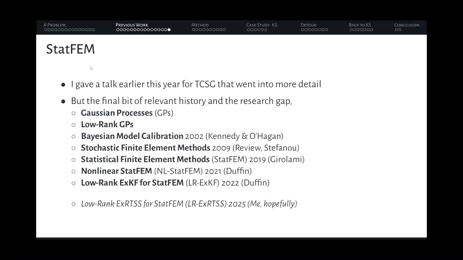Okay, so StatFEM, just going to fly through it. Relevant history. Gaussian processes and their computational use have been widespread for a while now.